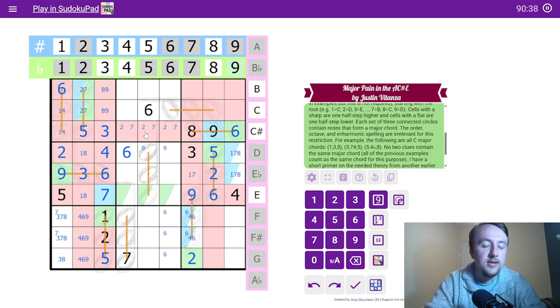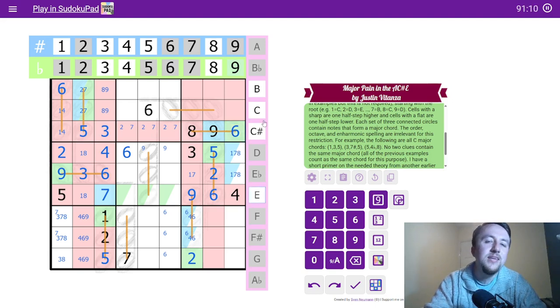E major. E major requires the note E, which is either a natural 3 or a flat 4. The note G sharp, which is either a flat 6, which we can't have, or a sharp 5, which we have not had yet.